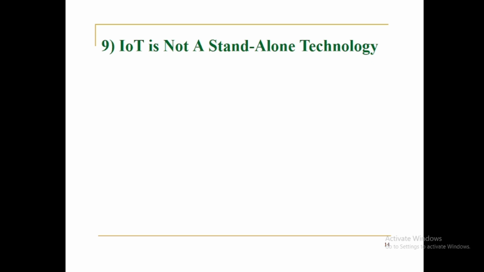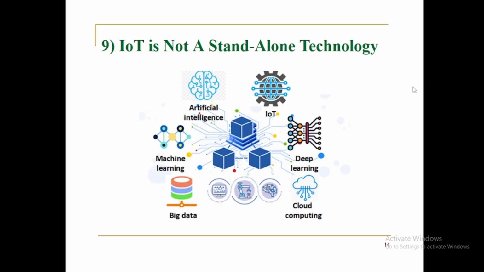Also, we need to understand that IoT is not a standalone technology. It works hand in hand with technologies like AI, cloud, blockchain, etc. For example, IoT devices collect large amounts of data from sensors and other connected devices. But this raw data is often meaningless.